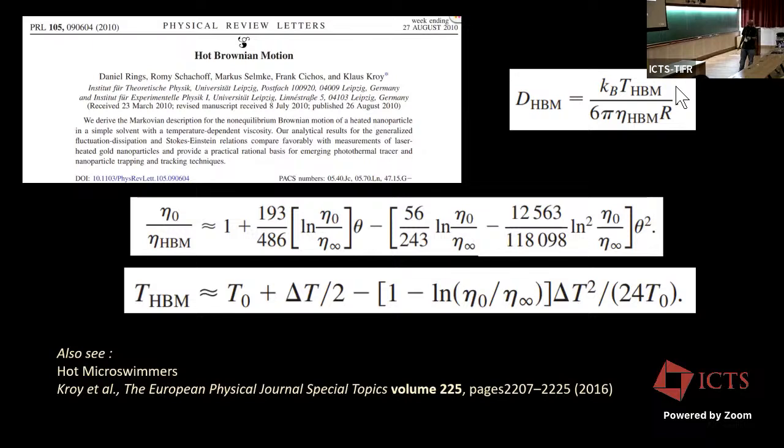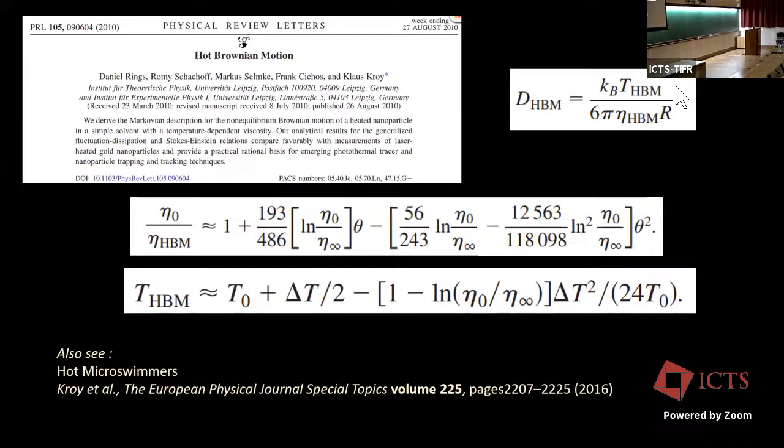Accordingly, you will have a specific ratio of the viscosities, and you will also have this hot Brownian temperature, which essentially can be taken as a specific kind of series with respect to the local temperature which is already present. This creates a very interesting situation because as long as the colloid is illuminated, it is out of equilibrium, and it creates very interesting dynamics.